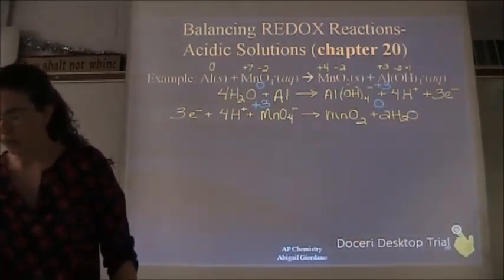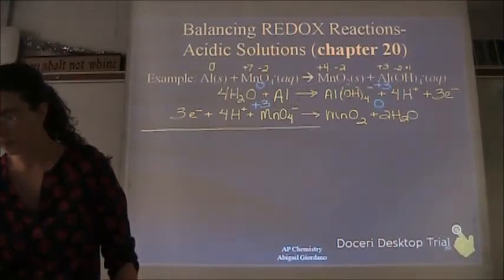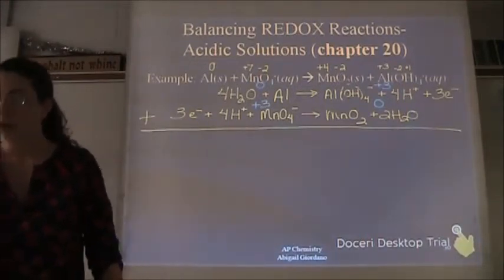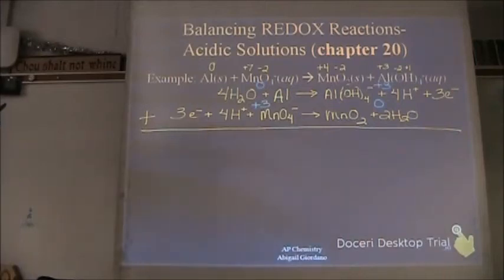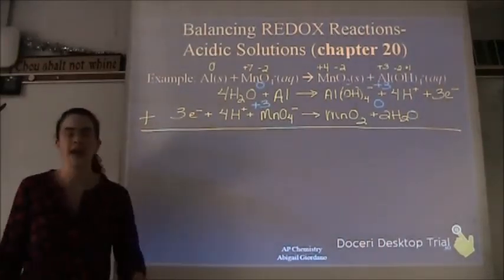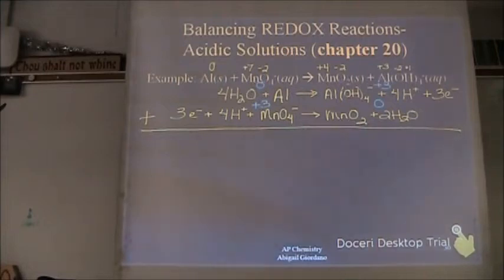Okay. Now, we're almost done. We're going to be adding these two half reactions together in order to get one big equation. Do you all remember something I said? I can't even remember when.